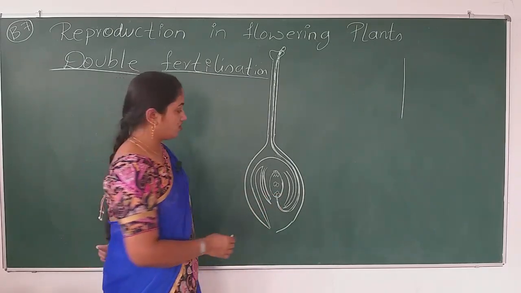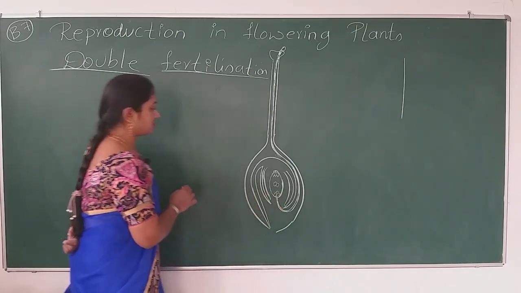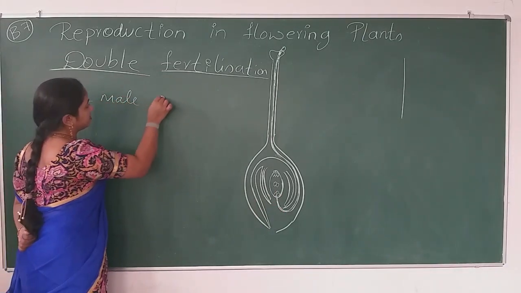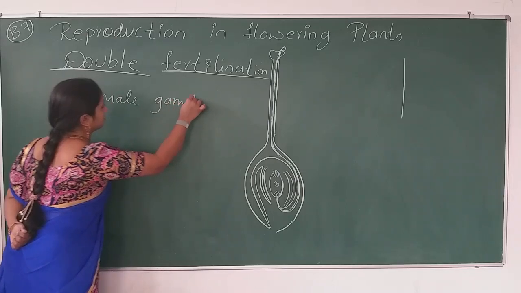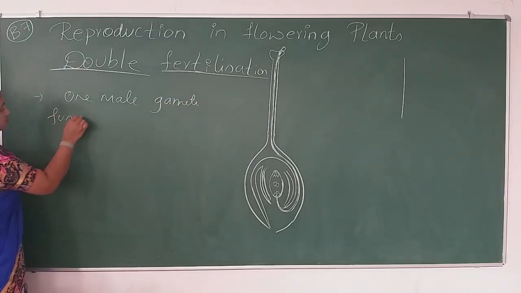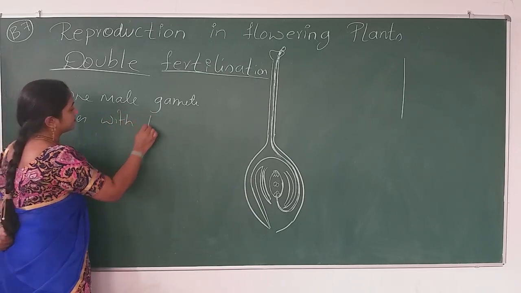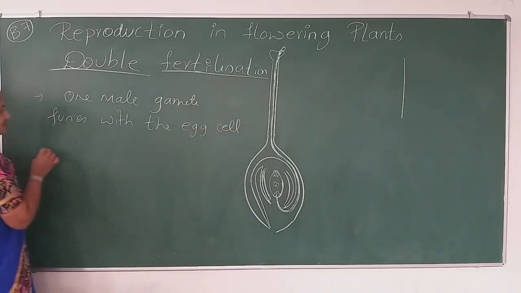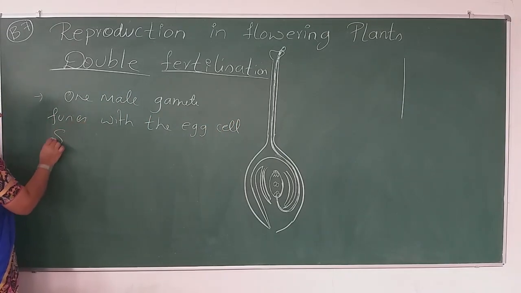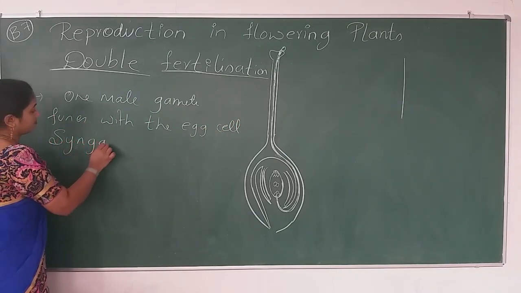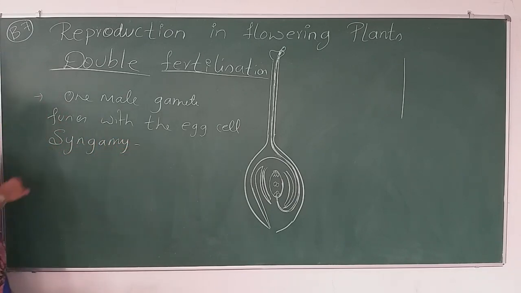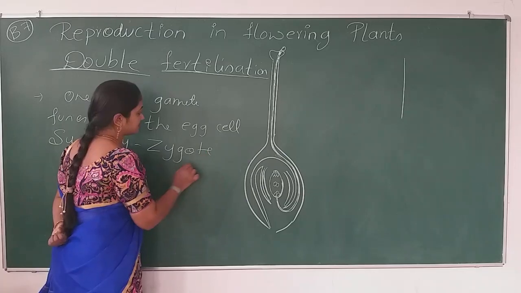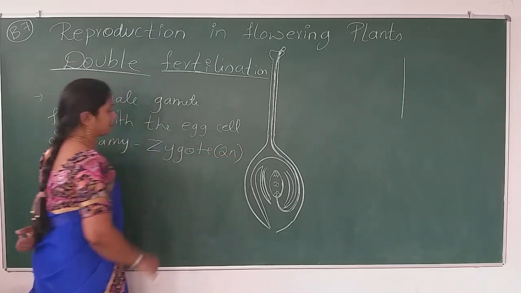One male gamete fuses with the egg cell. This is known as syngamy.